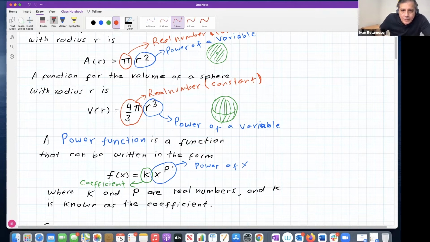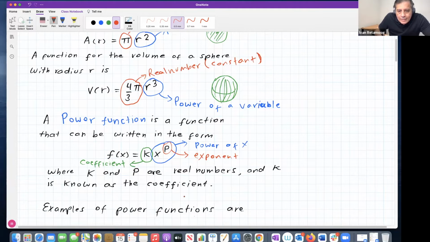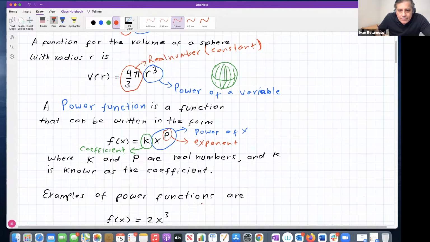The p, the exponent. All right, now k and p could be any real numbers, okay? Any real numbers. And k is known, as we just stated, as the coefficient, right? The number up front.